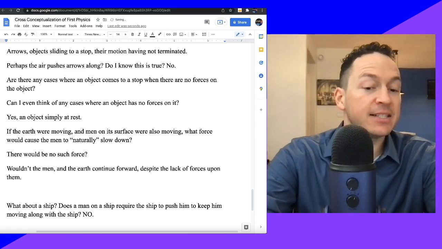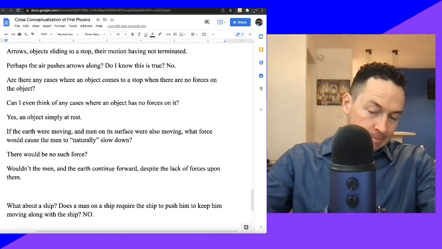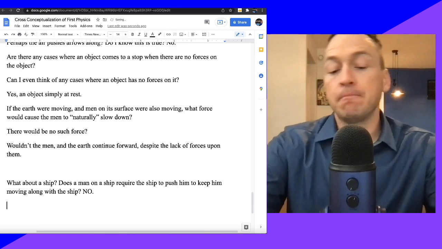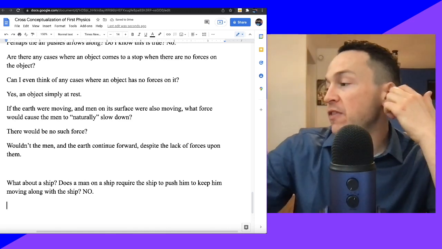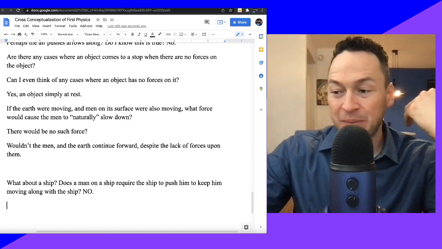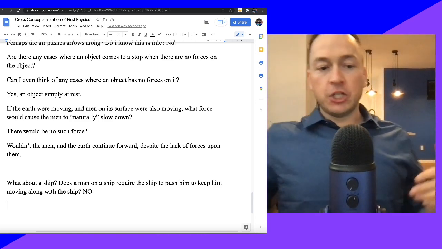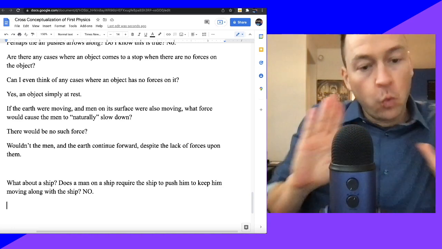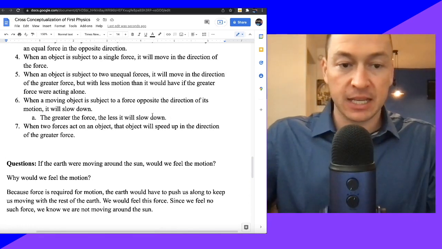No, he does not. But when the ship speeds up, the ship does push on him. He lurches. The ship does push on him. And I'm coming to this way too quick, but you can kind of see schematically how I'm getting here.